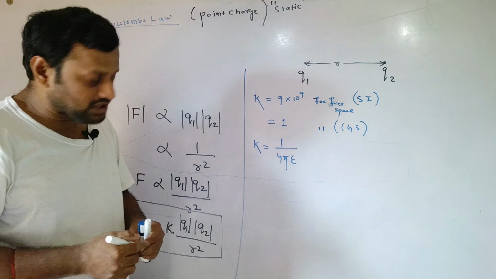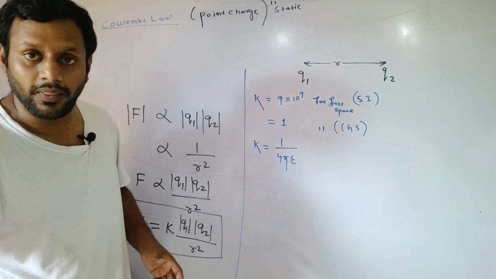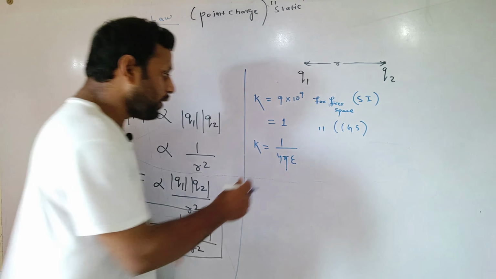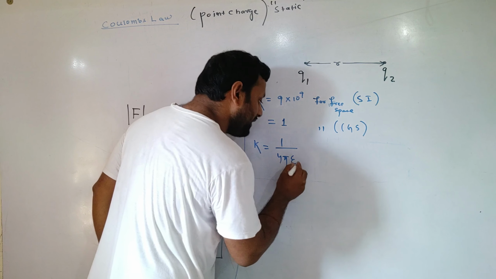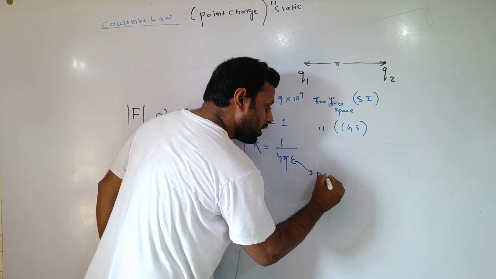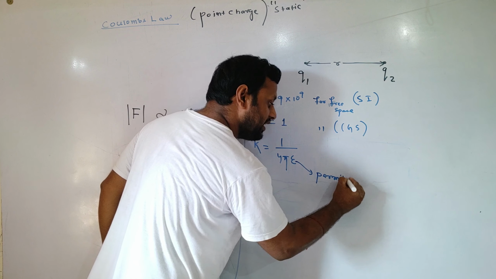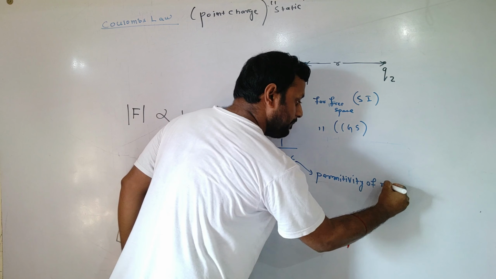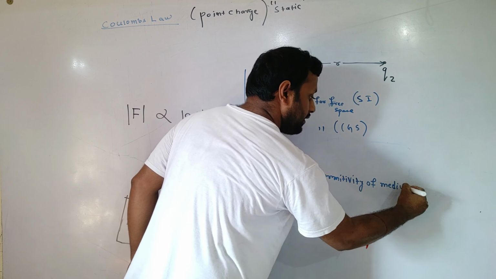But if it is not free space, then it depends upon the medium. So K is equal to 1 by 4 pi epsilon, where epsilon is called the permittivity of the medium.